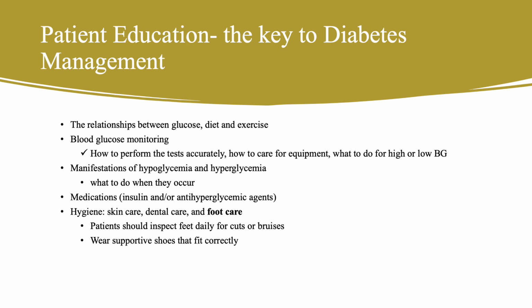They may be on insulin also, but they are on PO anti-hyperglycemic agents. I'm going to deal with that in a separate lecture. So they also need to know really good foot care, really good skin hygiene, hygiene in general, skin care, dental care, and foot care.